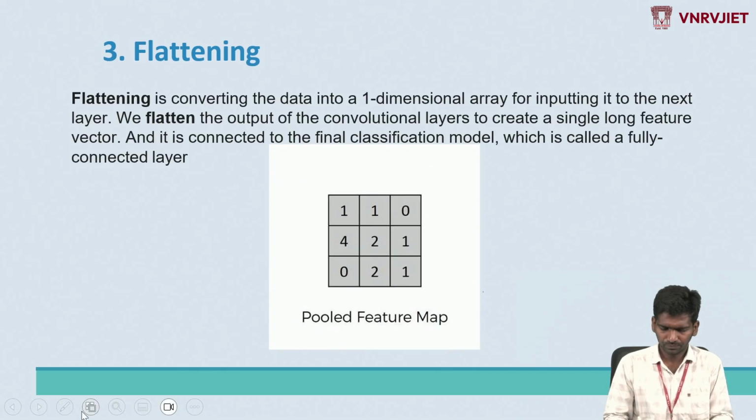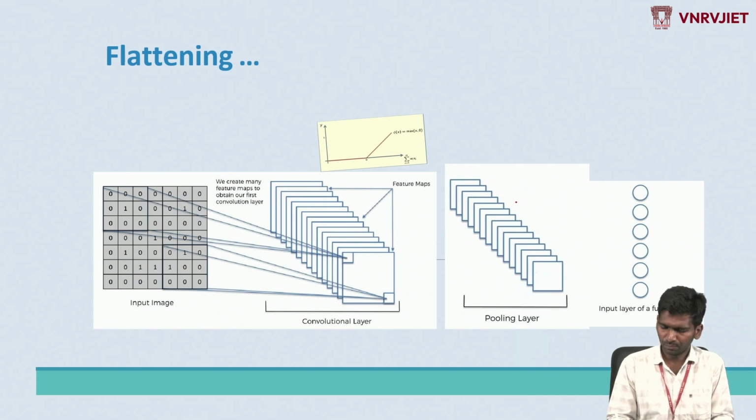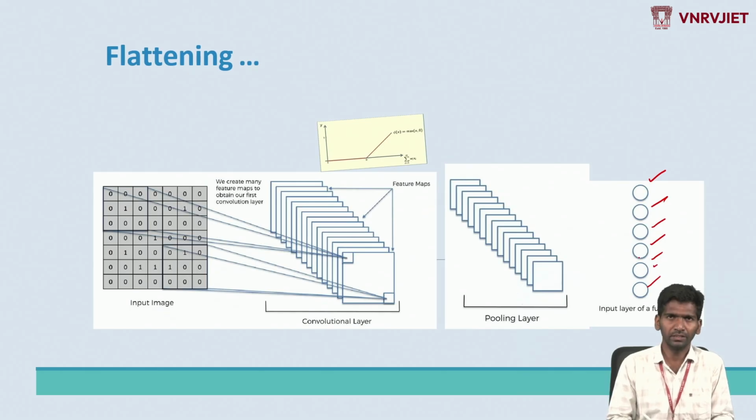After applying the flattening layer, if there are n pooling layers, we will get n flattening layers. After converting into one dimension, they look like our neurons. This is the third step in CNN.